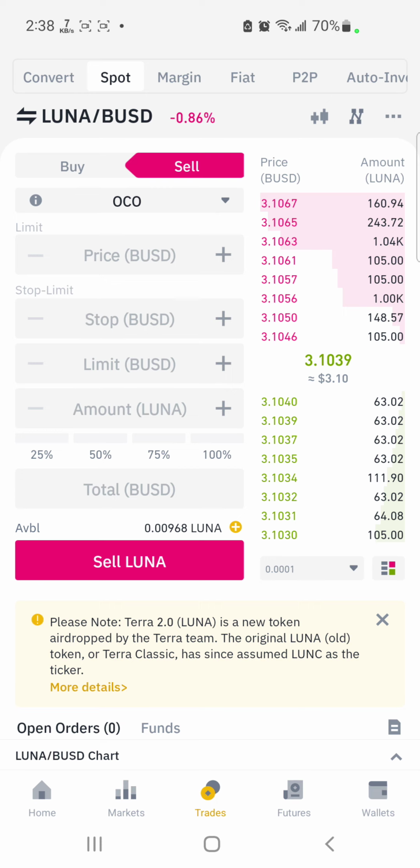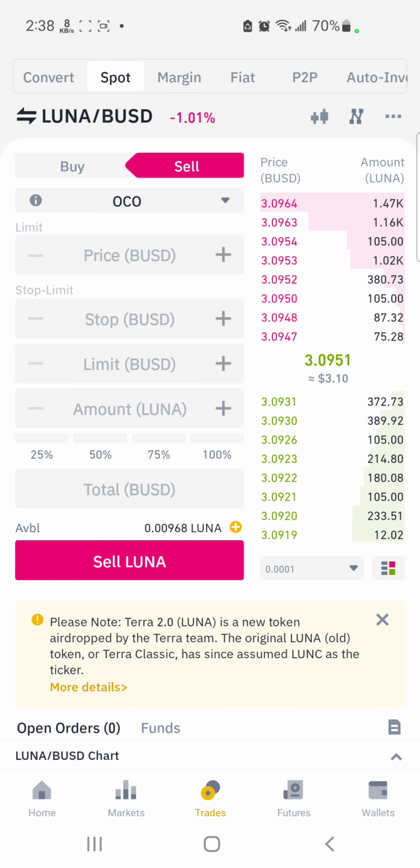Why not do a market order? You see, limit order does not protect you. Market order does not protect you. The stop limit and the one cancels the other order, OCO order, protect you. It gives you some level of protection. How does it do it?